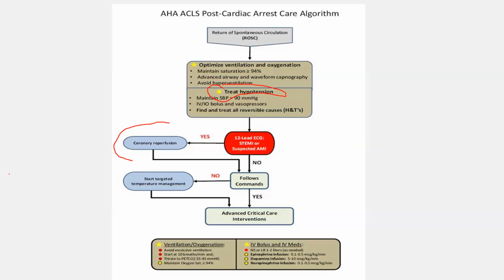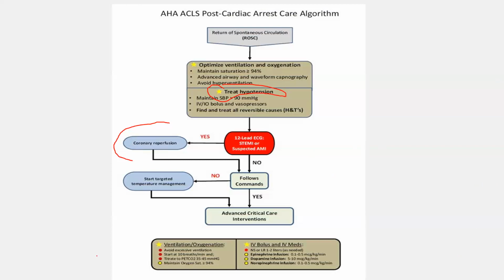That's approximately 89.6 degrees Fahrenheit to 96.8 degrees Fahrenheit. So we always maintain a range for at least 24 hours. So those are the things that we're going to include in the management of the patient post-cardiac arrest.